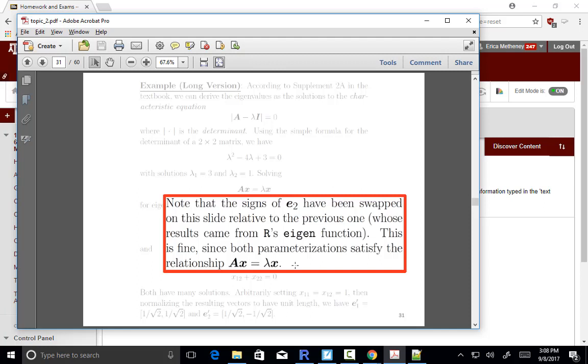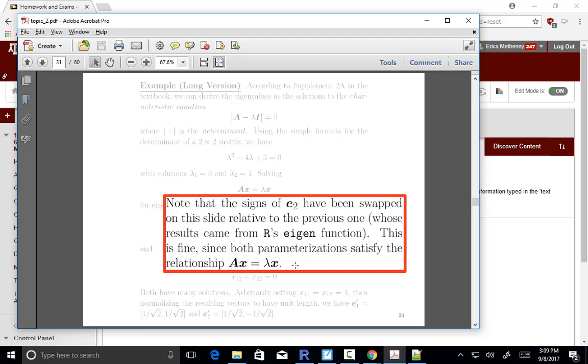One thing about eigenvalues and eigenvectors that I want to make sure we've seen is that the actual signs of the eigenvector coefficients are arbitrary. For example, you might use R to do an eigenvector decomposition, and you get as your first eigenvector the number 1.2 and then negative 1.2.